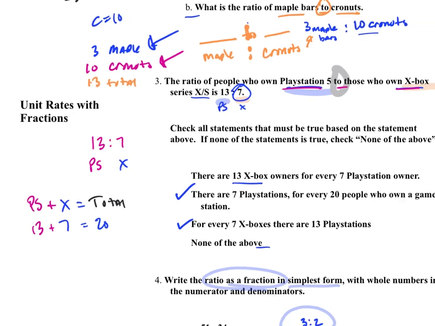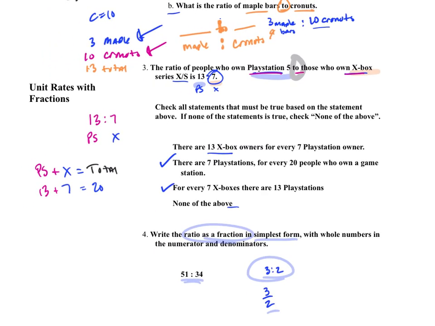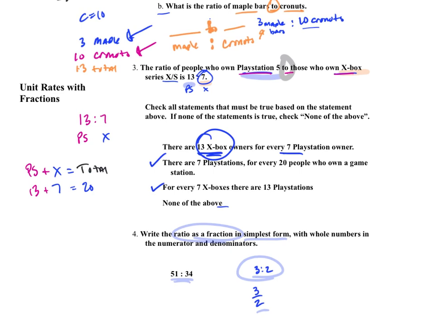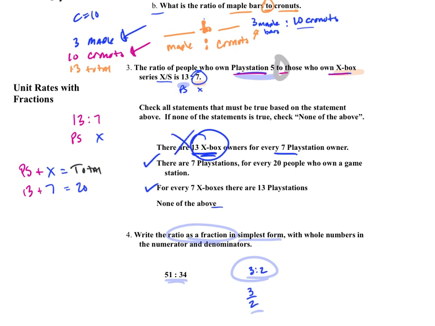All right, and so now we go over here. If we remember that, we just look for clues. It says 13 Xbox owners for every 7 PlayStation owners. Well, no, that's the opposite of what we're talking about. So if there's 13 Xboxes, then this one can't be right. Okay, so the second one, that's actually a mistake. All right, so this should not be true, right? Because for that same reason, it says we have 7 PlayStations.